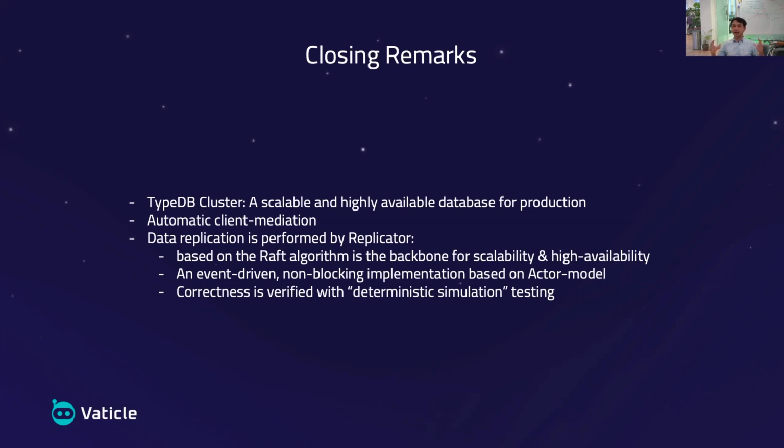We've taken a look at how we can leverage the actor model to ensure that the implementations are done in an event-driven and non-blocking way, which allows us to be really efficient, given that there is a lot of waiting in communication between the leader and the follower.